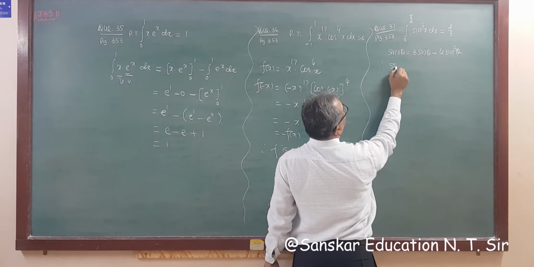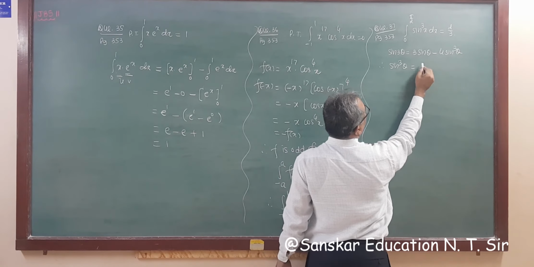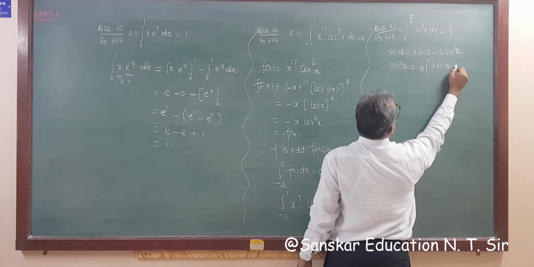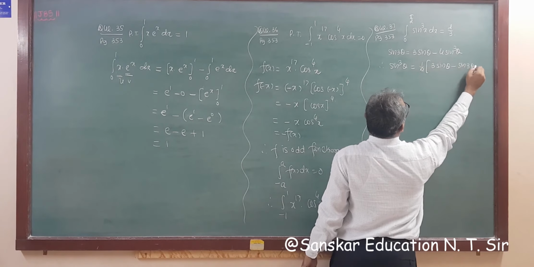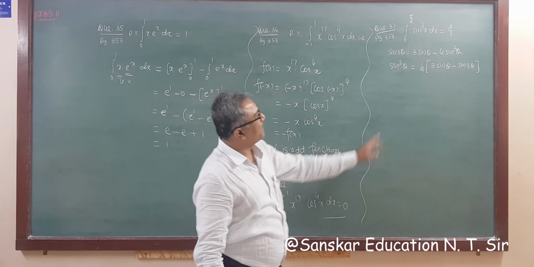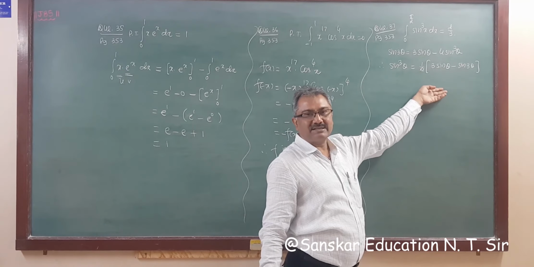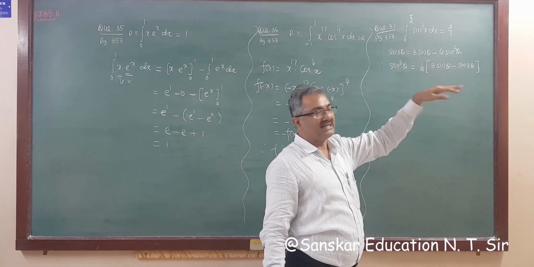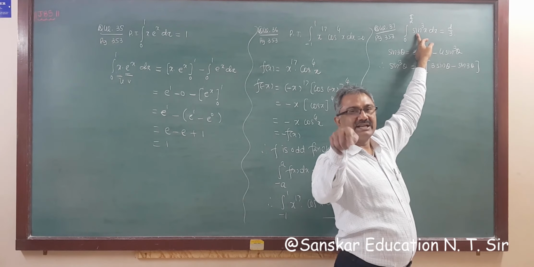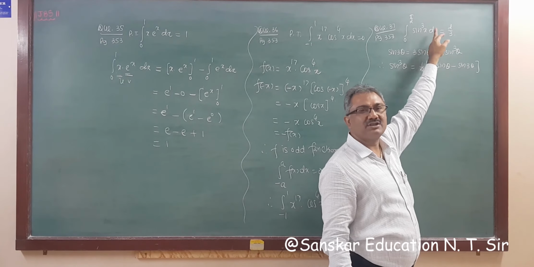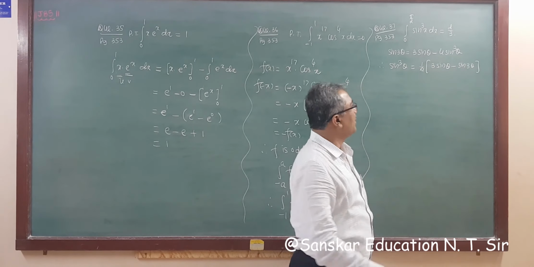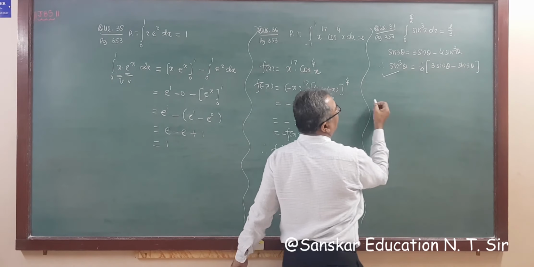So sin cube theta will be 1 upon 4 times (3 sin theta minus sin 3 theta). Applying this formula, we will get the answer directly. Either assume, as I told you, change this into sin square, then into 1 minus cos square, and assume cos x is equal to t. You will get your answer, nothing else to do. But I am going to use this formula.